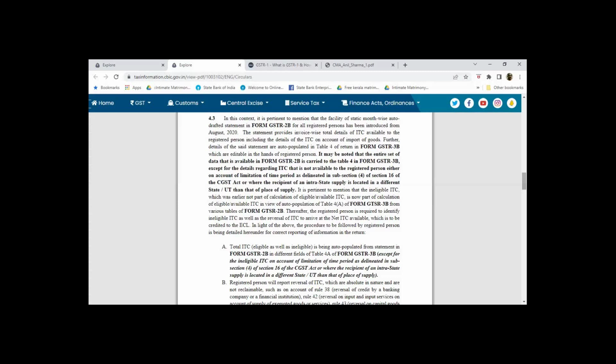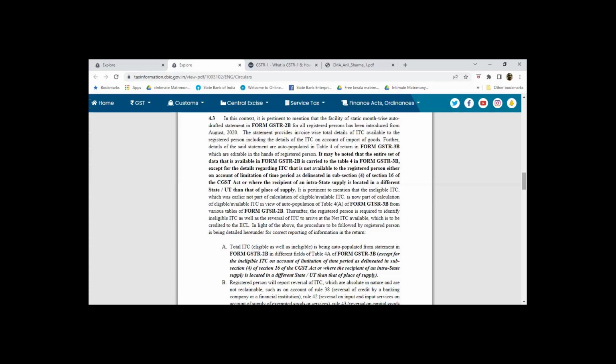which is a person can take ITC for a particular financial year. The time limit to take the ITC is November 30th after the end of the financial year.